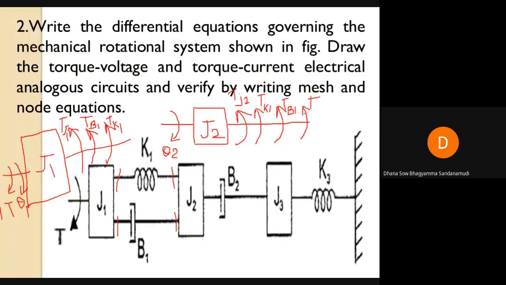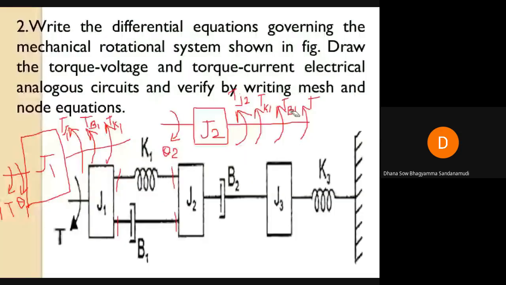Here I must use small letters. So here 4 opposing torques are there: 1, 2, 3, 4. Applied torque is 0 at node 2. This is the free body diagram at node 2.